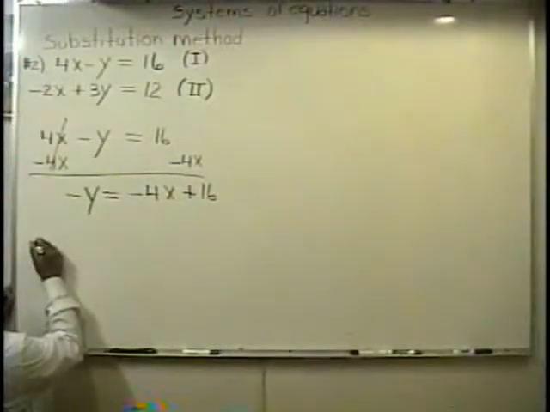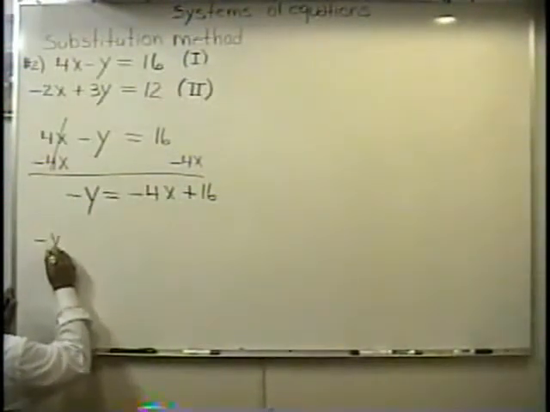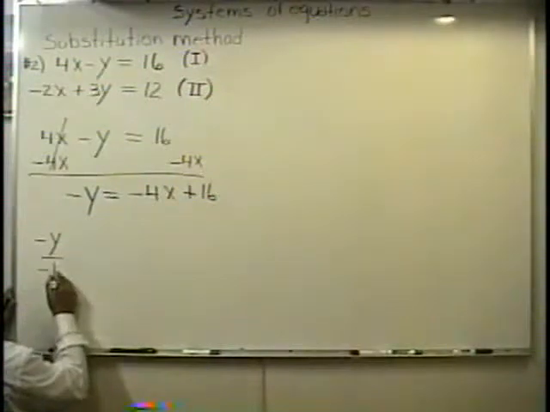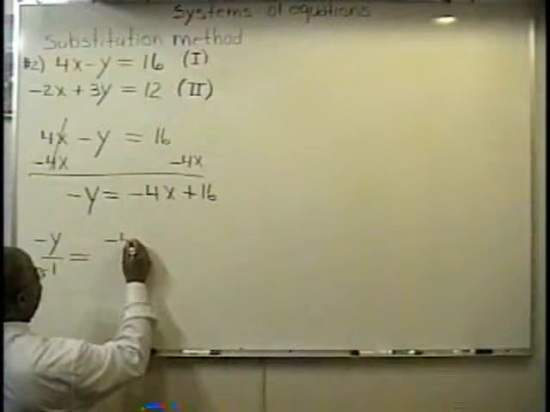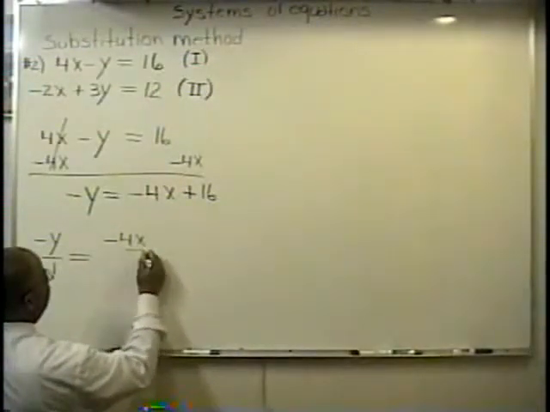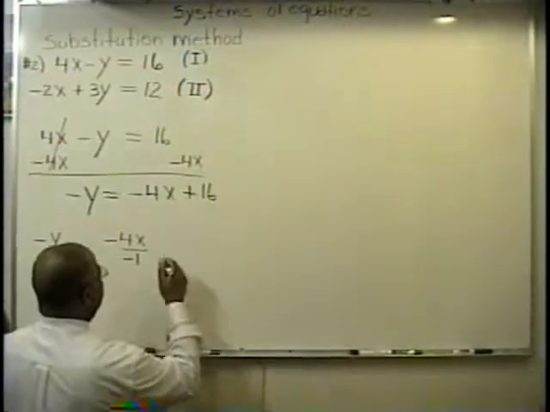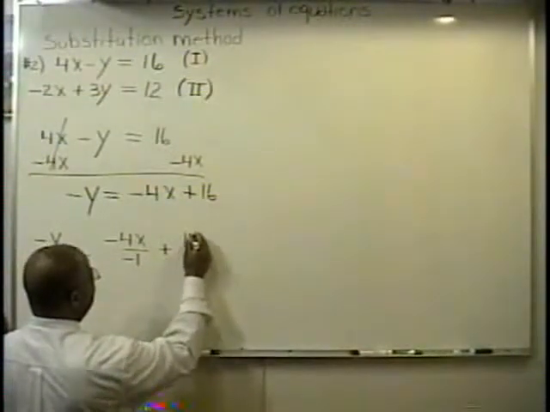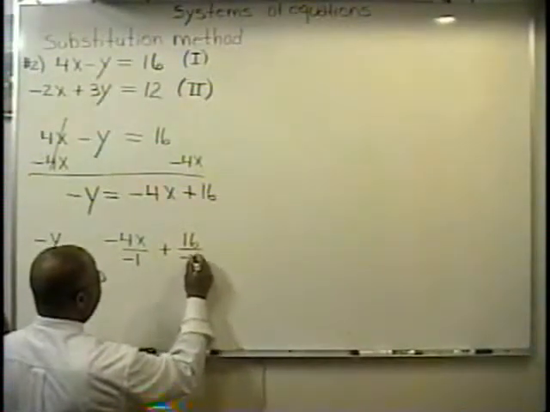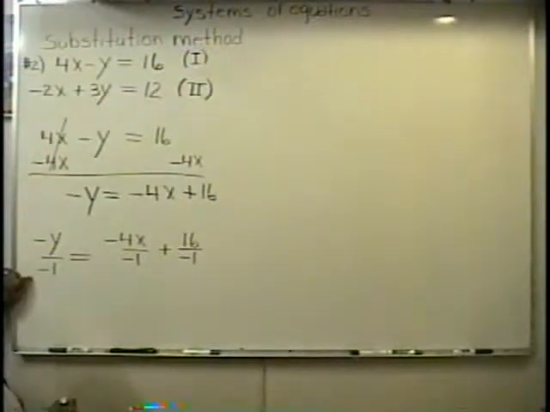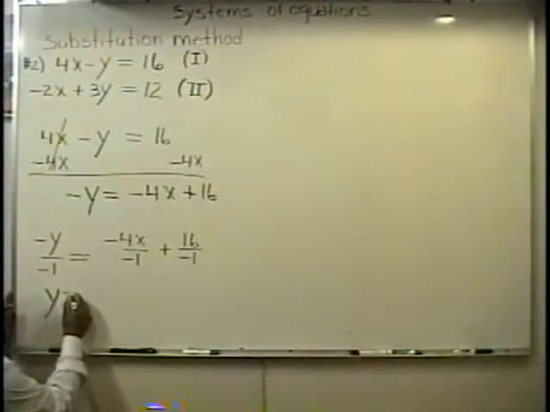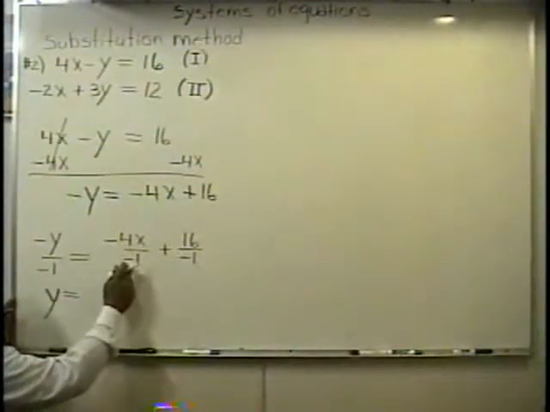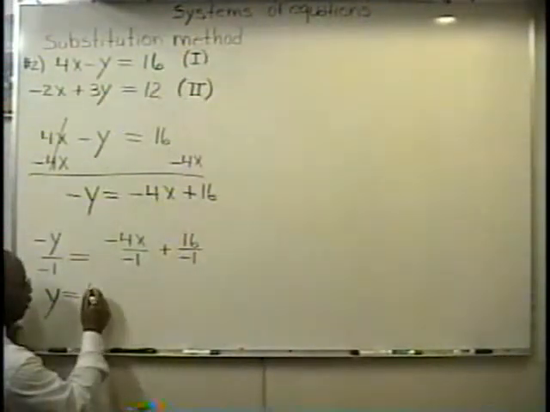So now, dividing each term by -1, I get -y divided by -1 equals -4x divided by -1 plus, I get 16 divided by -1. Negative over negative, that's positive. Is that correct? You see that? So now I have y equals negative over negative is positive. That gives me 4x.